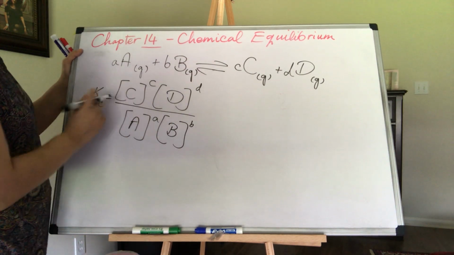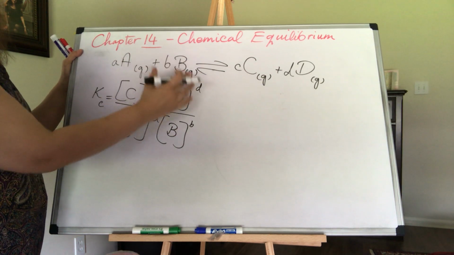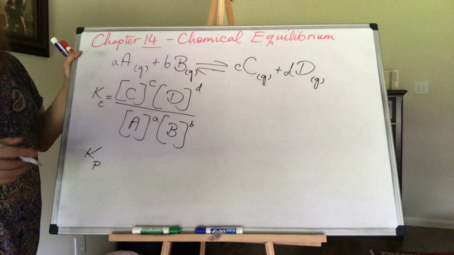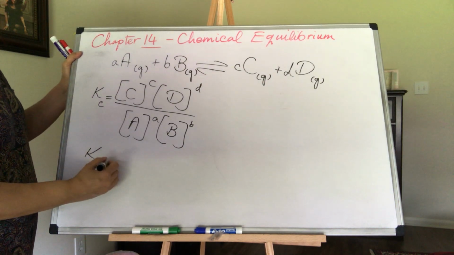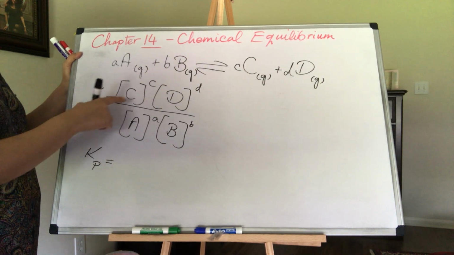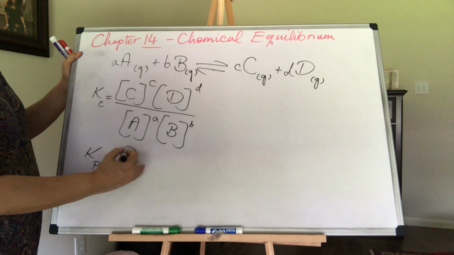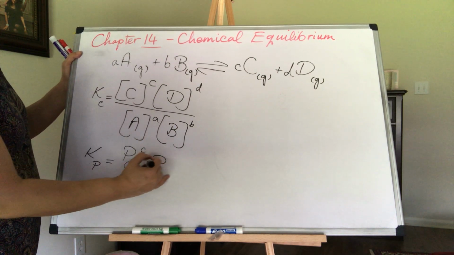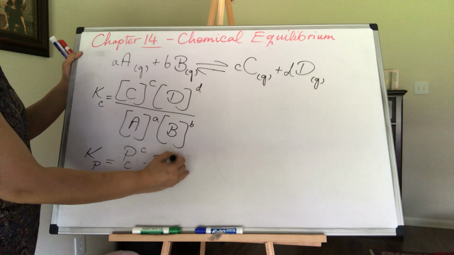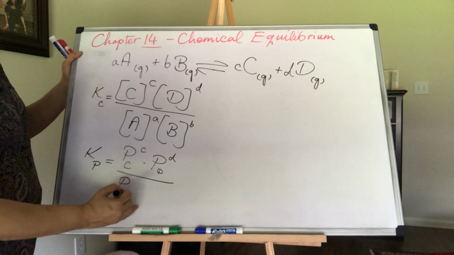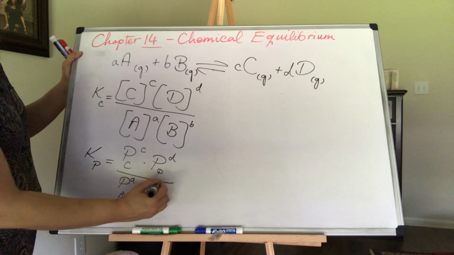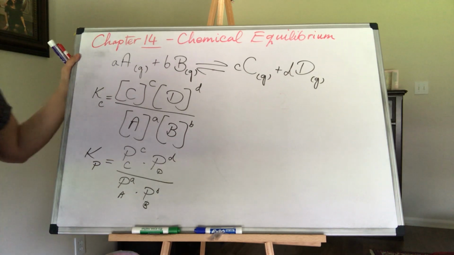So instead of Kc, if you don't have the concentrations, you can go with Kp. That's the equilibrium constant based on partial pressures. And instead of molar concentration, use the partial pressure of C to the same power, partial pressure of D to the same power, partial pressure of A to the same power, times partial pressure of B to the same power.